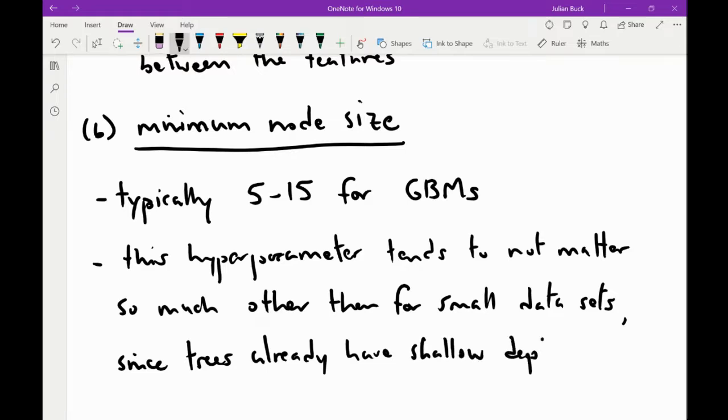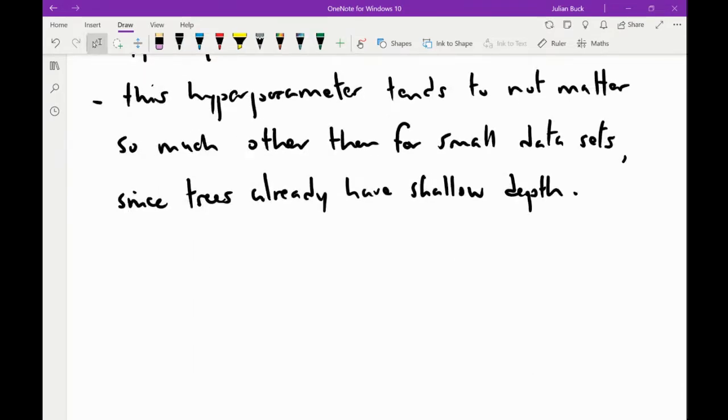So the basic idea is that with gradient boosting machines, we explicitly make sure that the depth of the trees is small so that they're shallow, and then the minimum node size won't tend to matter. But if you have a small data set, then it could matter still. So it's just something to keep in mind there. So a higher value of minimum node size, you'll avoid overfitting even more, right?